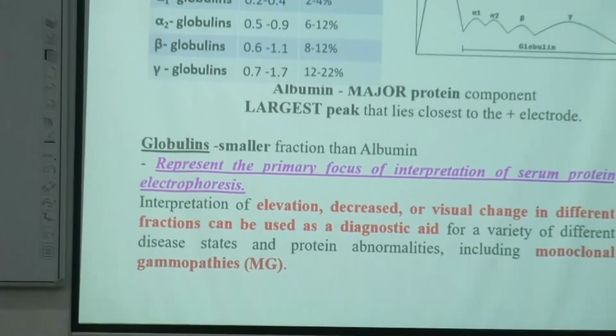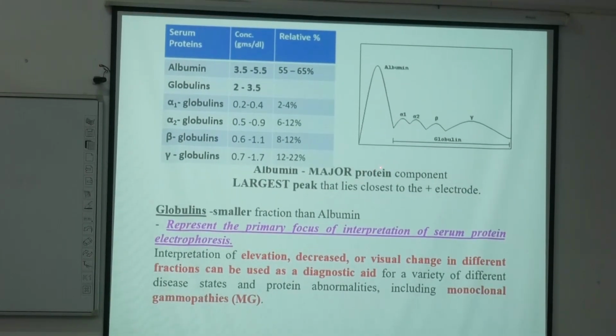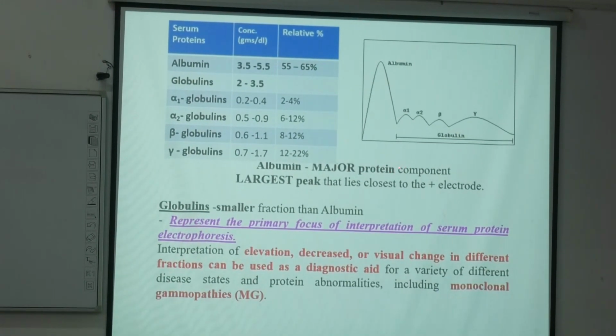Now, as I told you, if we do densitometric scanning, albumin being in the largest amount, it will produce the maximum peak. If that peak is less, that means albumin concentration is less. Although for albumin, we do not do electrophoresis.